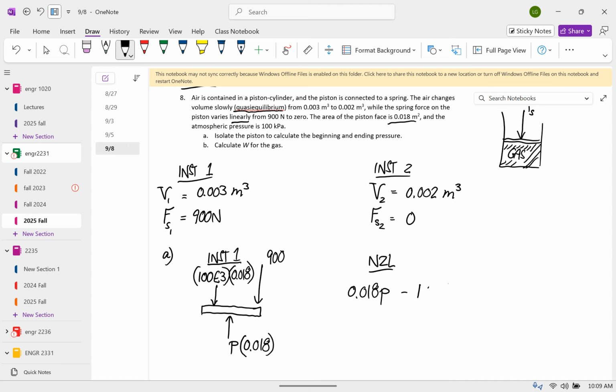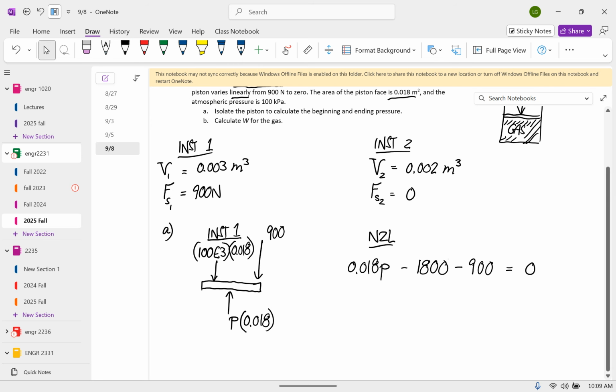So I think that's 1800. And then we have minus 900 is equal to 0. So 0.018 P is equal to 2700.